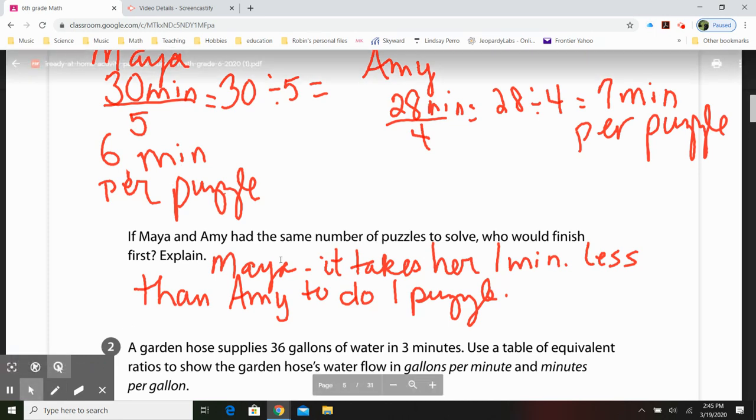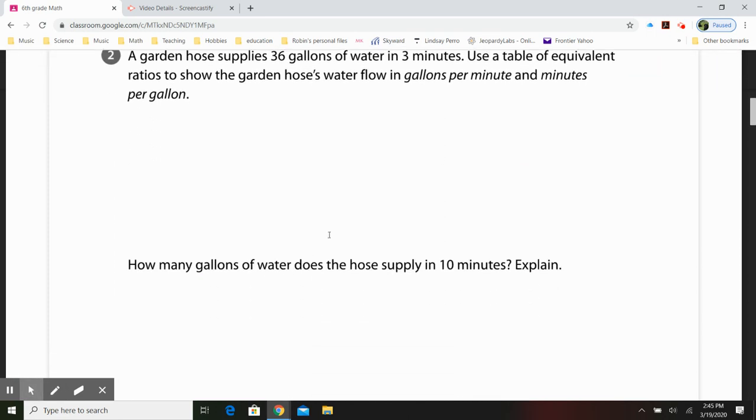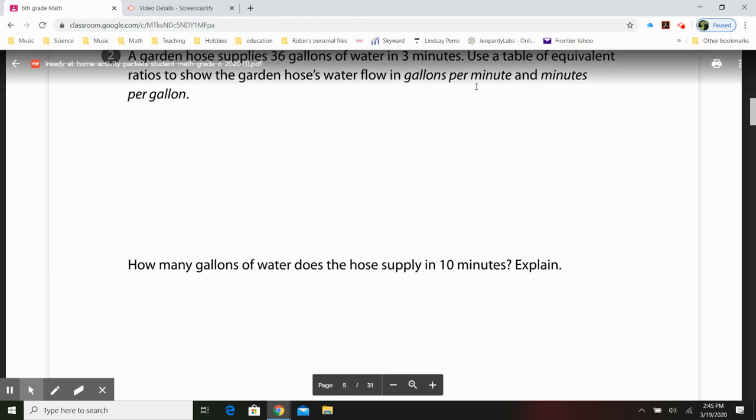All right, number 2, a garden hose supplies 36 gallons of water in 3 minutes. Use a table of equivalent ratios to show the garden hose's water flow in gallons per minute and minutes per gallon. I thought this question was kind of strange. Usually you wouldn't do how many minutes it would take for 1 gallon.